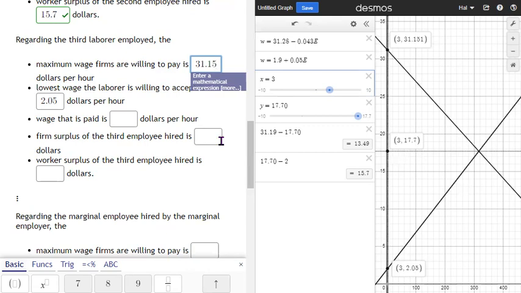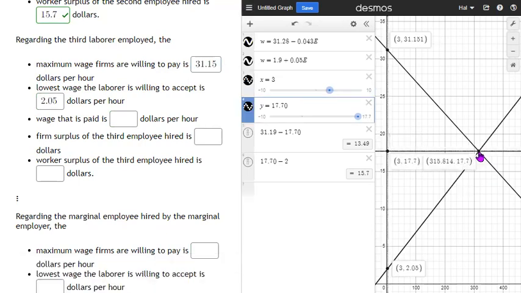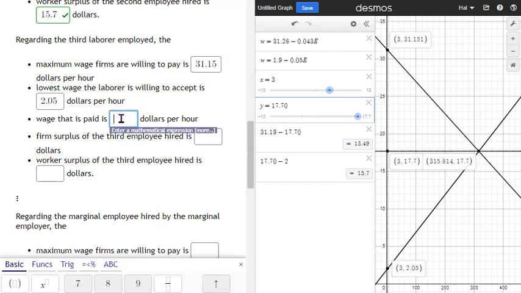Or if labor is homogeneous, when you need to hire 3 employees, you're willing to pay up to $31.15 because 3 employees is relatively scarce compared to where you want to be, right? So there are 2 ways to think about labor demand. The wage they pay is 17.70.